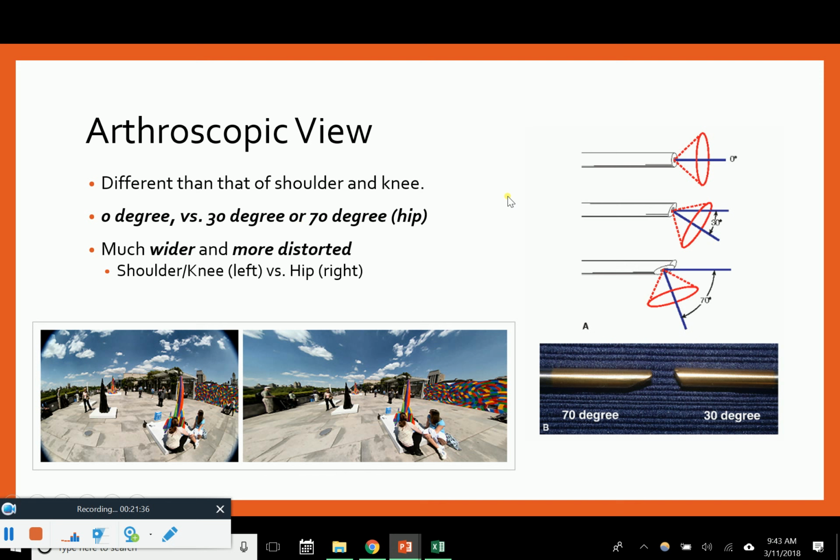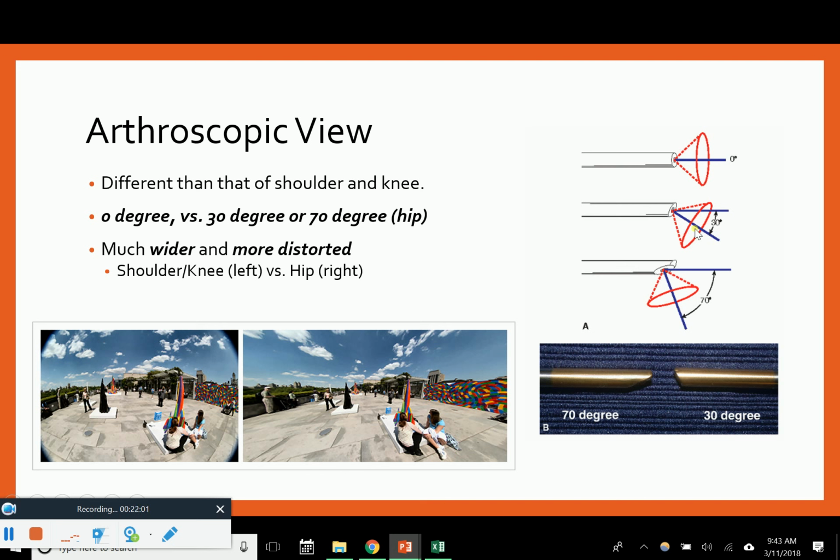If you look at the picture on the right, here, straight on, the arthroscopic camera is here. That's 0 degrees. What you're looking at is probably what it looks like. This is a little more wide and more distorted image because it's angled, but it allows them to see more in this window than straight on. The good thing about this is that there's no distortion, but you have to point your camera right at it.